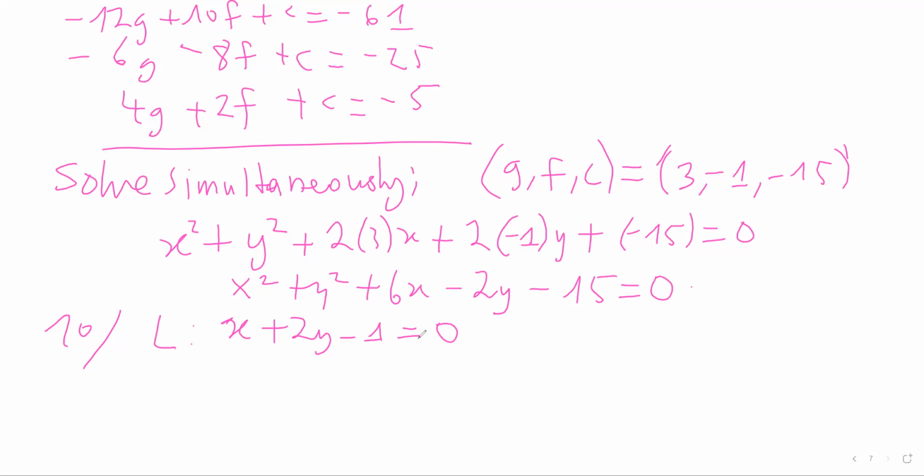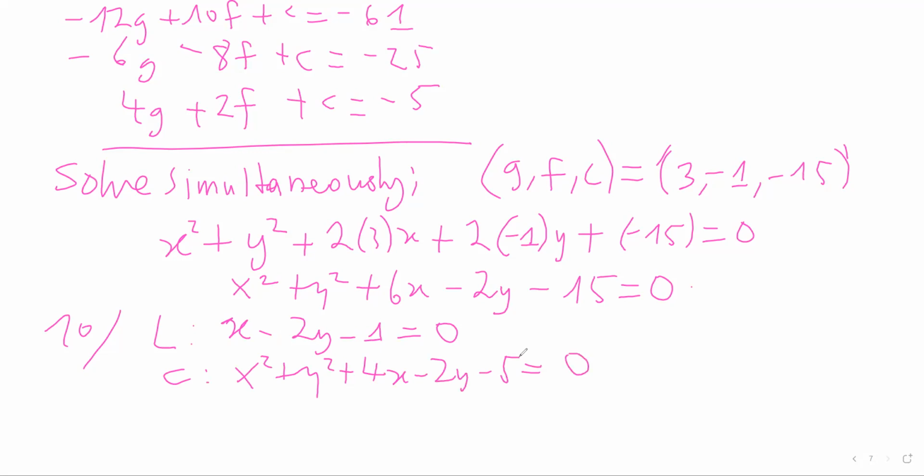Okay, so you have a line which intersects the circle. And then we have a circle given by x squared plus y squared plus 4x minus 2y minus 5 is equal to 0.